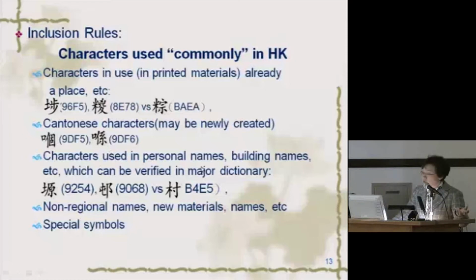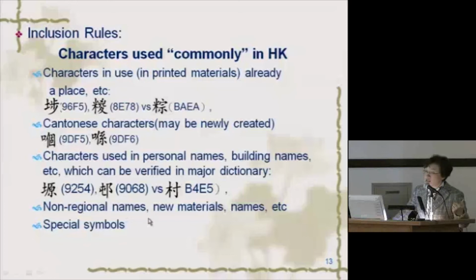And the other type that we include are personal names, building names. For these, they have to be, in a way, in dictionaries somewhere. These are just some examples.